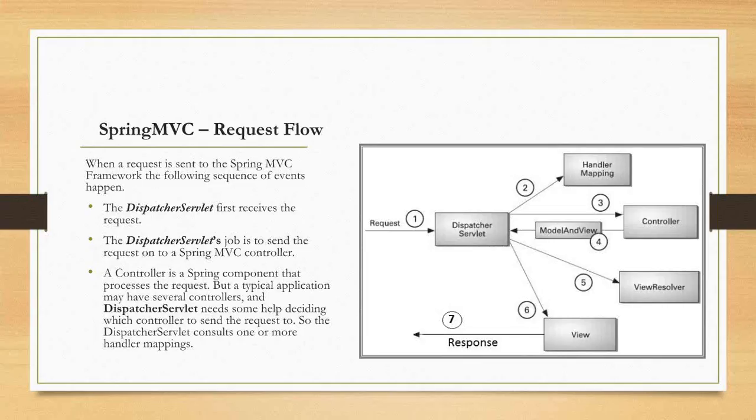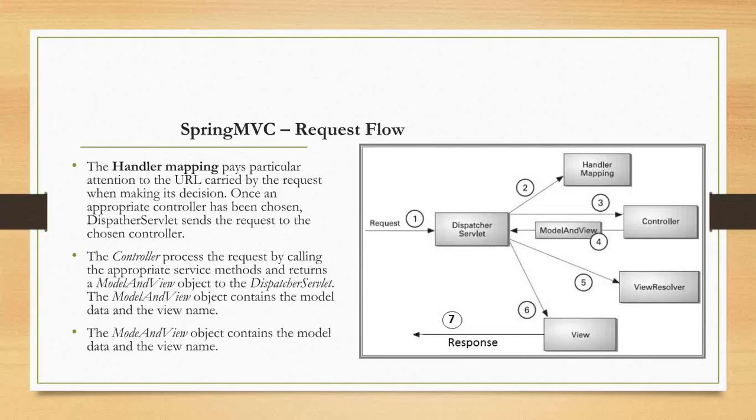So the dispatcher servlet needs to find out which controller is supposed to handle the incoming request. Because you will have several controllers, each responsible for processing a particular type of request, it will take the help of handler mappings. Handler mapping pays particular attention to the URL carried by the request. When a client places a request, you'll have an action URL.